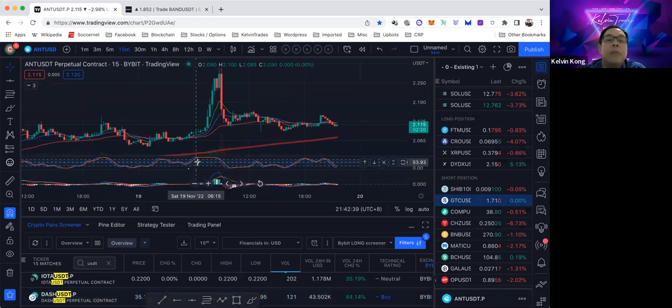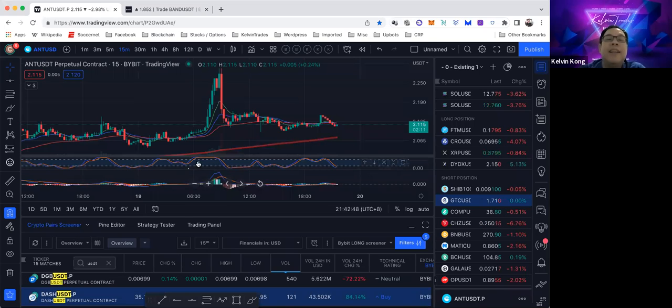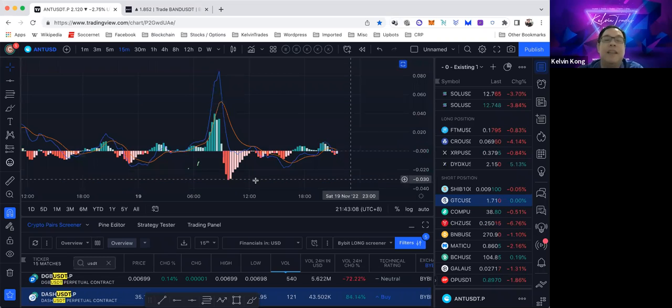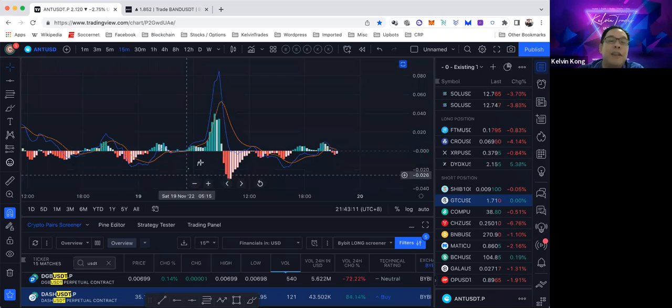Someone drew on my chart. Who's that? Who drew something on my chart? Someone drew something on my chart over here, this thing here. Ether, is it you or not?